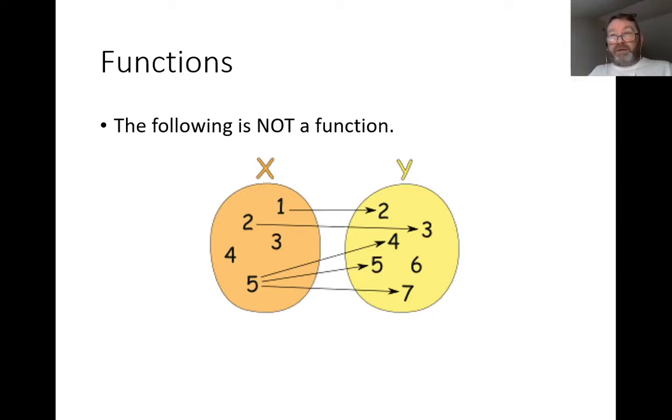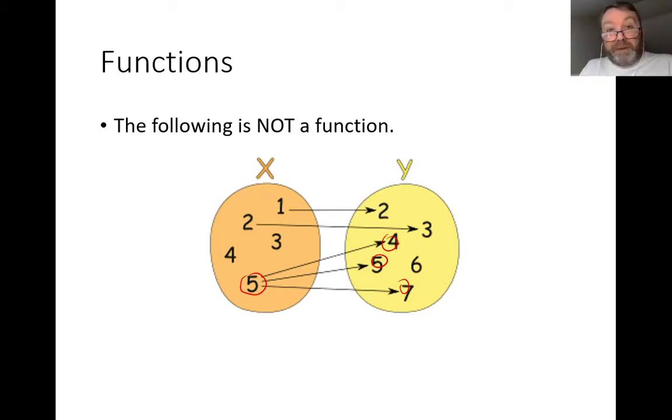Okay, the way I like to think of it, the way our maths teacher told us when we were in school, is like this. The first circle represents people and the second circle represents countries. Okay, so person 1 goes to England, person 2 goes to Spain, person 5 tries to go to the Netherlands and France and Belgium at the same time. Impossible. One person cannot be in 3 different places at the same time.